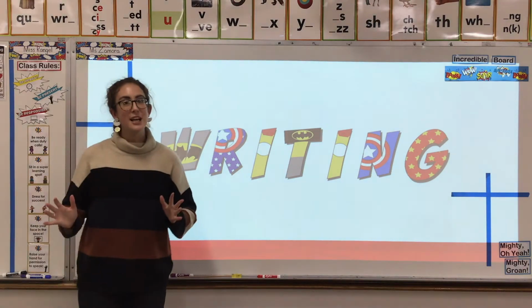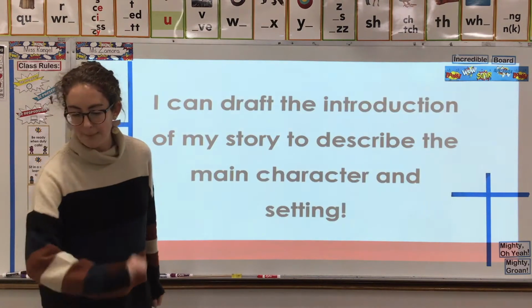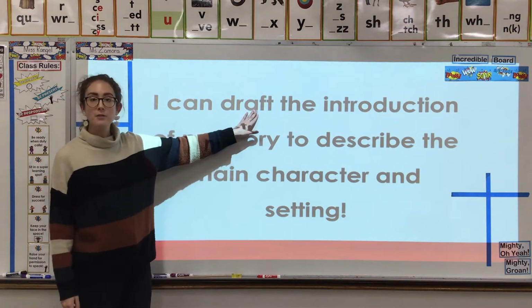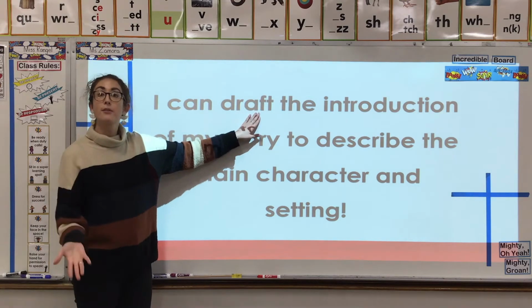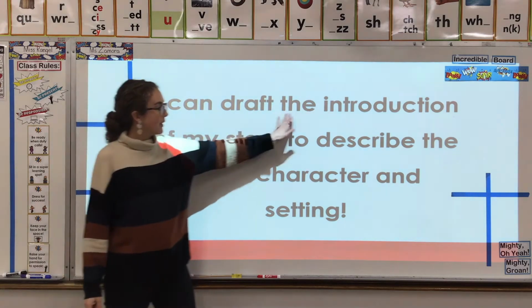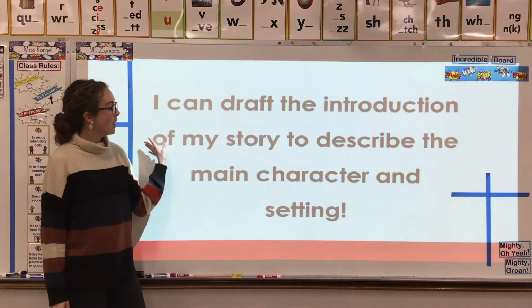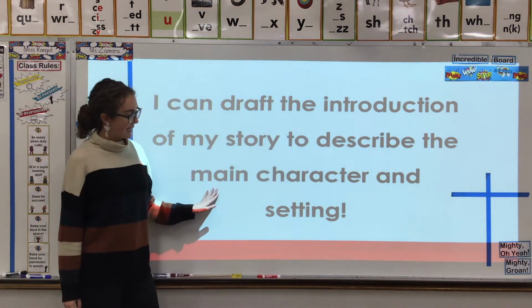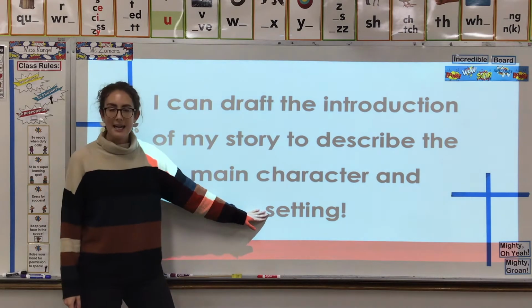So, let's check out our learning target for Monday. It says, I can draft, remember that's to write for the first time, draft the introduction of my story to describe the main character and setting.